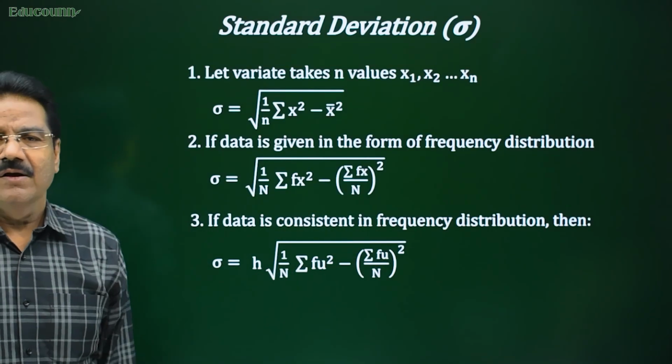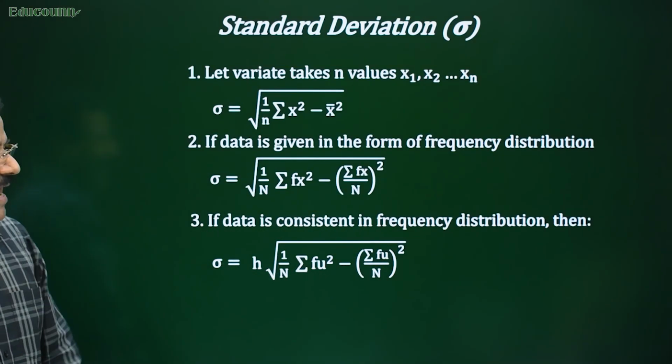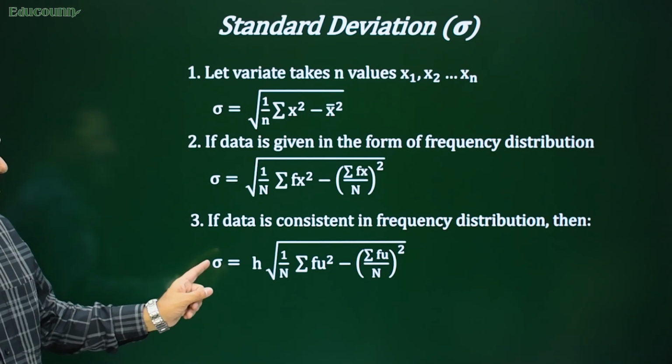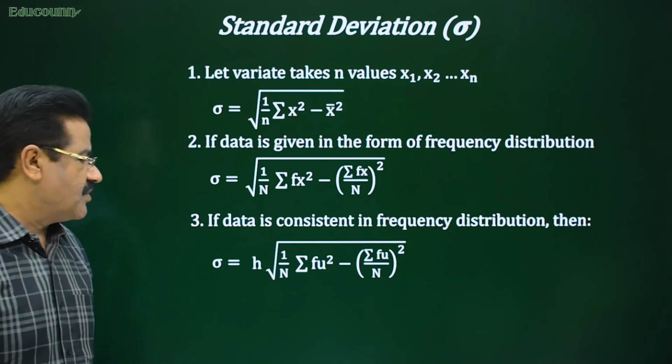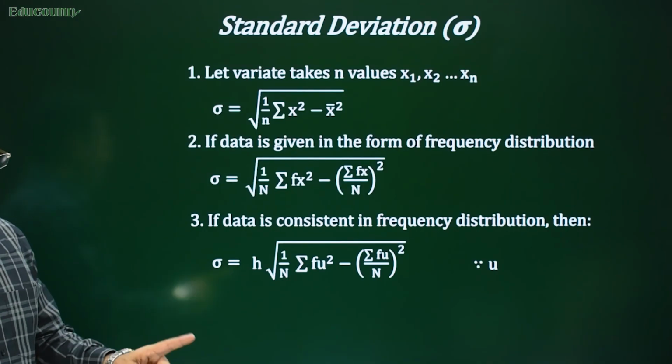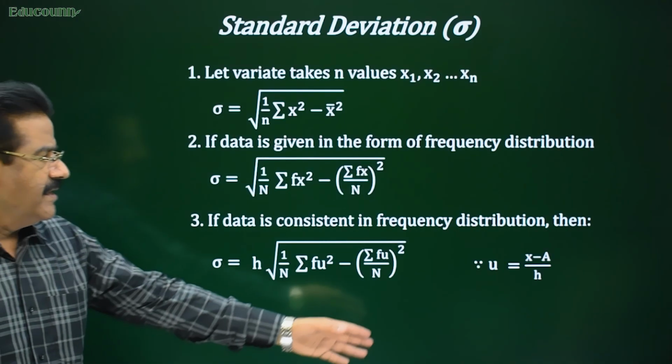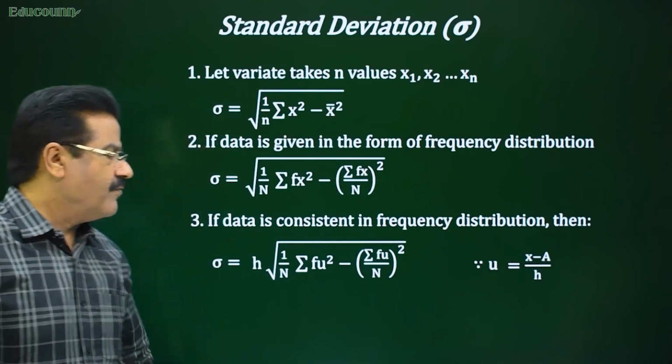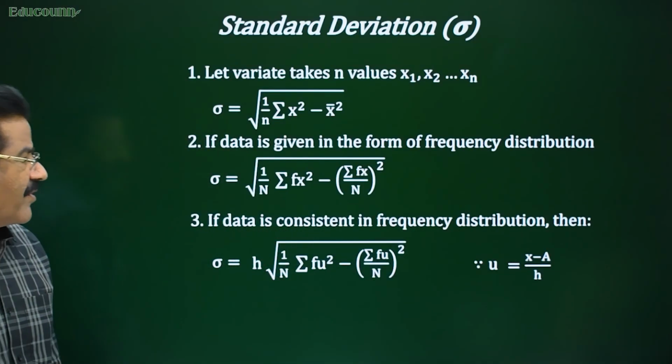So in this manner we have to take the formula of sigma when it is converted in terms of u. Now if data is not consistent, then what is the formula? We will see. Here the value of u is given, that we know very well, x minus a upon h.